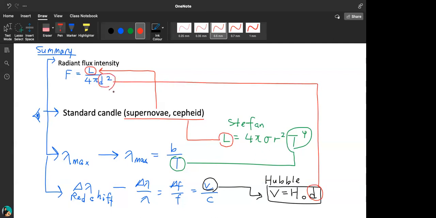This distance here. The distance of galaxies, of stars, can also come to here. Okay, that's it.